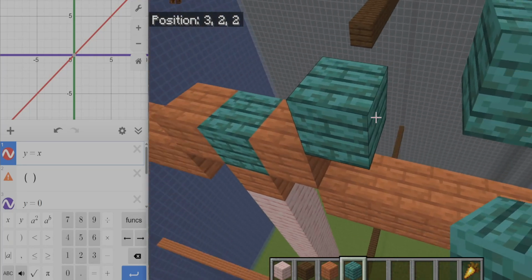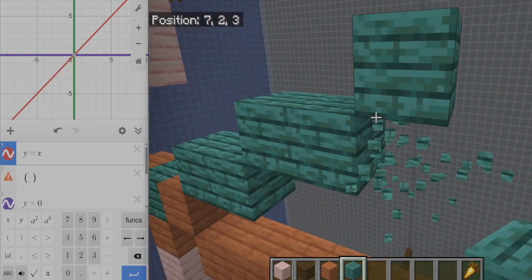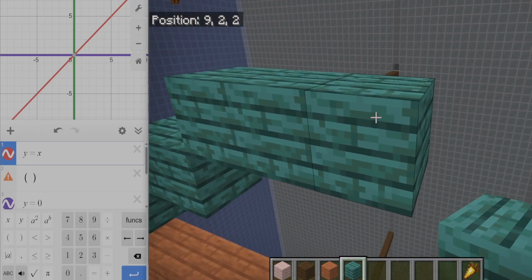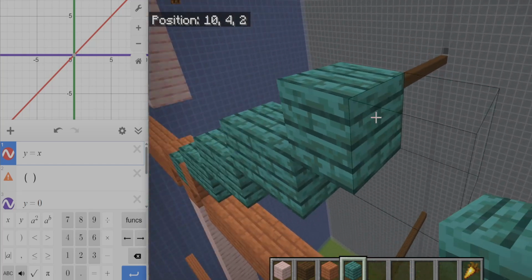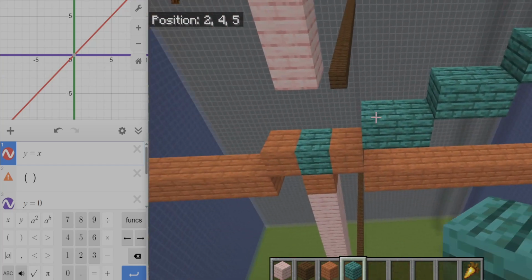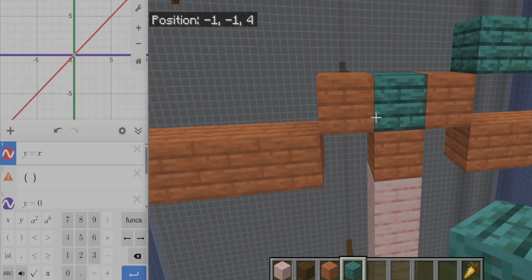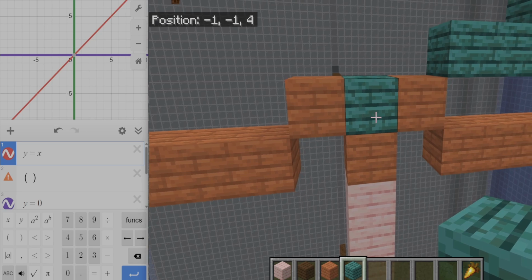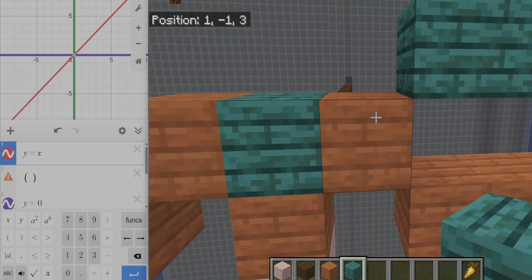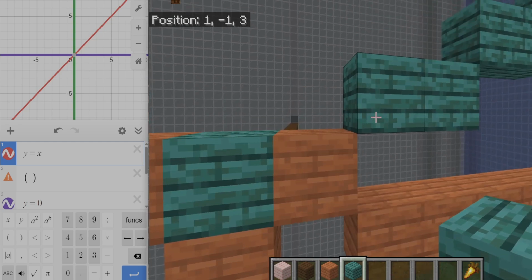And actually, let's leave this one just because Minecraft kind of requires that, right? Over 2 and up 1. Over 2, up 1. There we go. I didn't start that in the right place. Over 2, up 1 would be here.